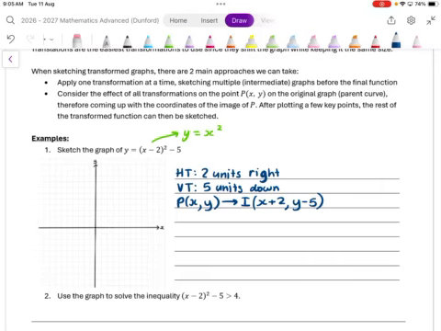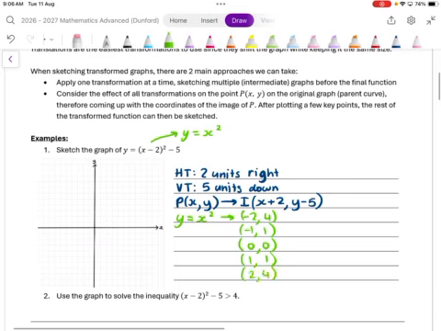For our key points on our graph y equals x squared, we have the point minus 2, 4. We have the point minus 1, 1. We have the point 0, 0, 1, 1, and 2, 4. They're our key points on our parent function y equals x squared.